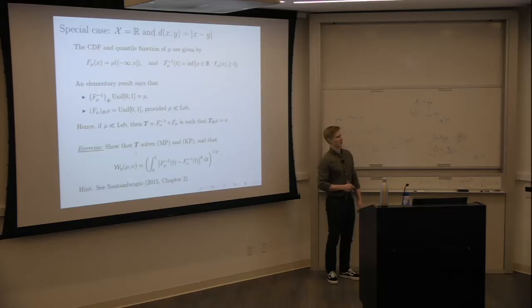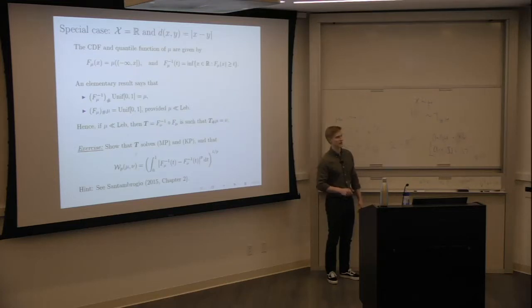And this is another exercise that you can do, but I'm sure many of you have done it already. If you take a uniform random variable and map it through the quantile function of mu, that random variable is distributed as mu, right? So the push forward of the uniform measure through the quantile function of mu is equal to mu, right?